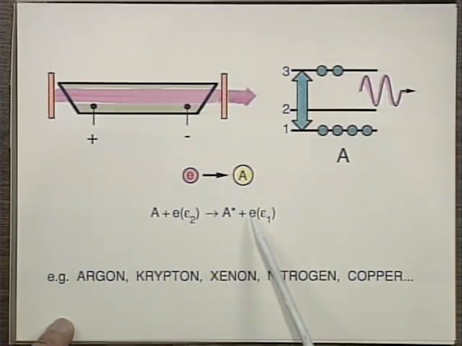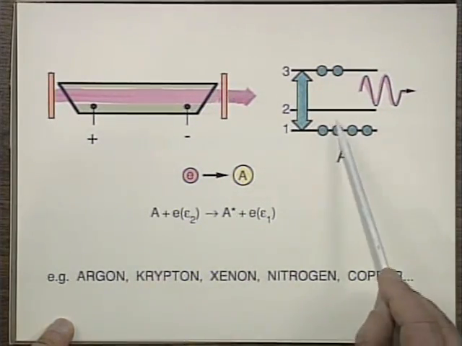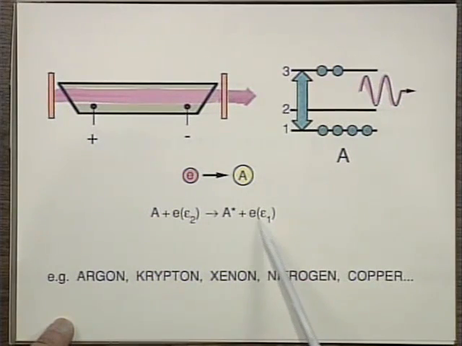The electron then leaves with energy, in this case E1, which is smaller than E2. So a ground state atom, colliding with this energetic electron, can be excited to this excited state with a population inversion with respect to level 2, leaving the electron with lower energy.